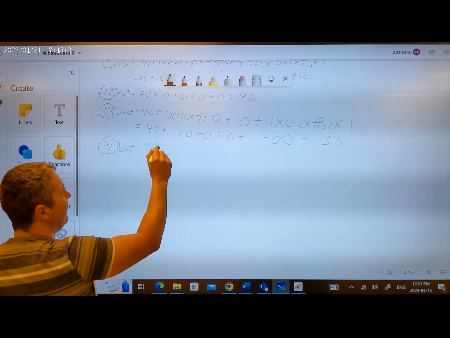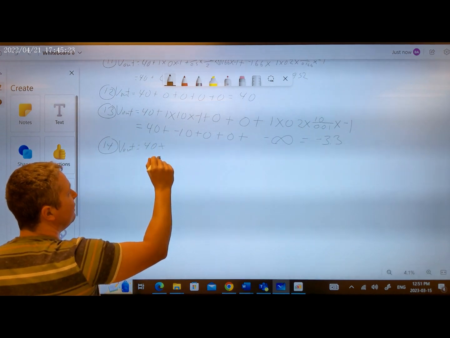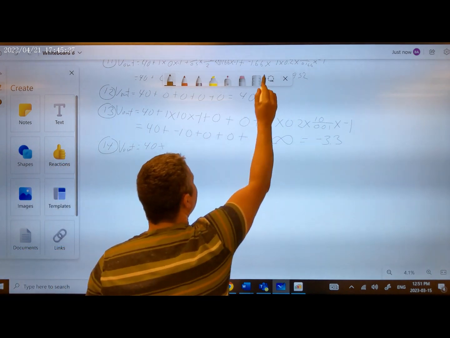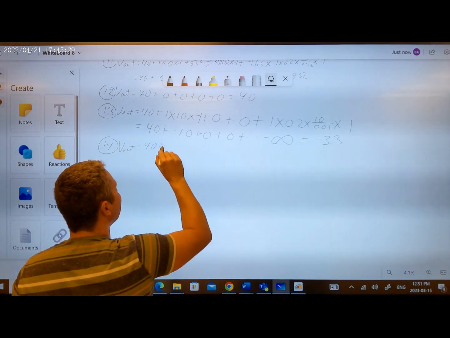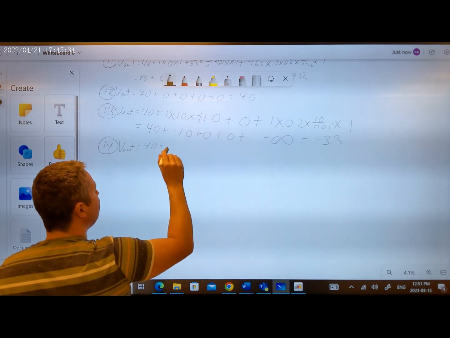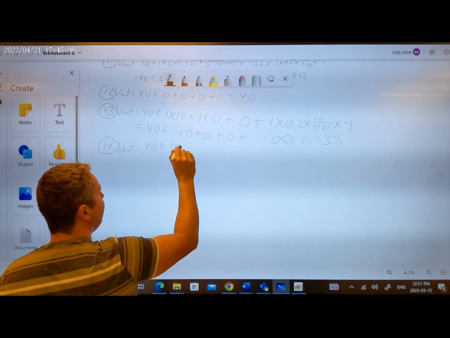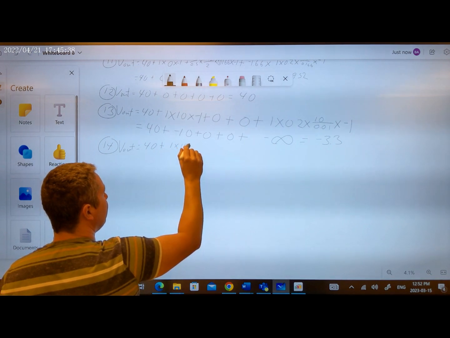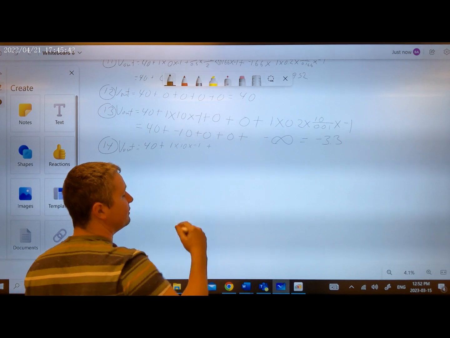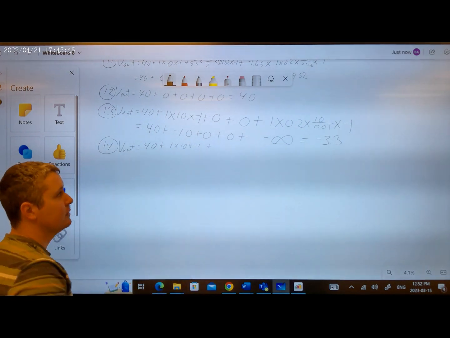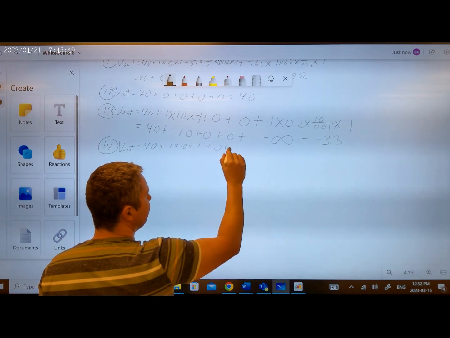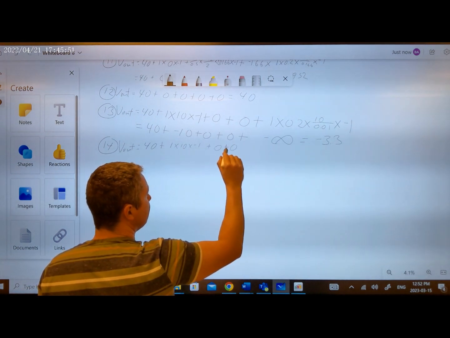We still have our bias. 40 plus 1 times our proportional times our error times minus 1. Plus our integral, our time is still 0. So I'm not even going to do integral. And we still don't have any old integral, so it's still 0.